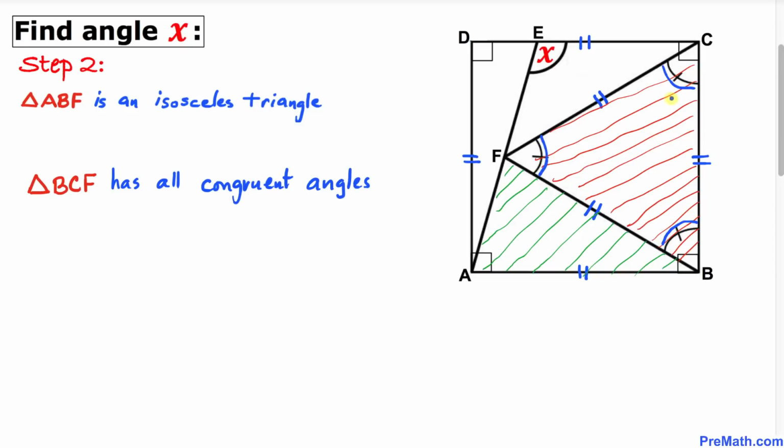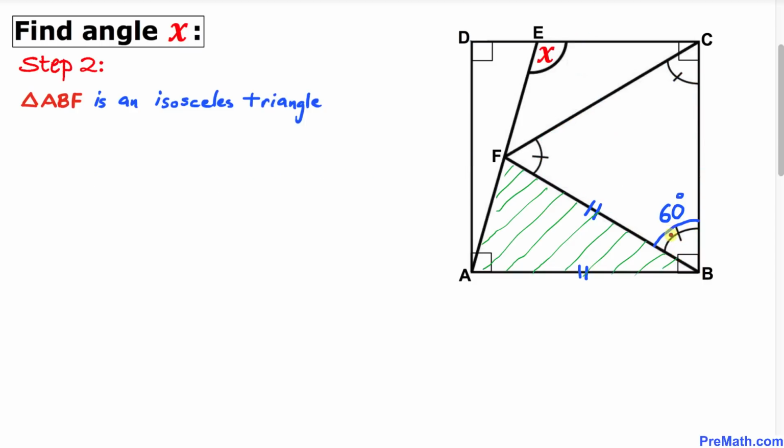So that means all of these angles are going to be 60 degrees each. And now we can see that this angle B is 90 degrees and this angle is 60 degrees. So this angle has got to be 90 minus 60, which is 30 degrees.